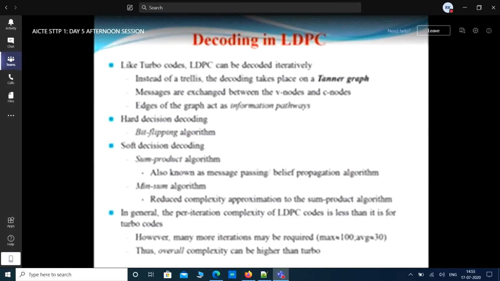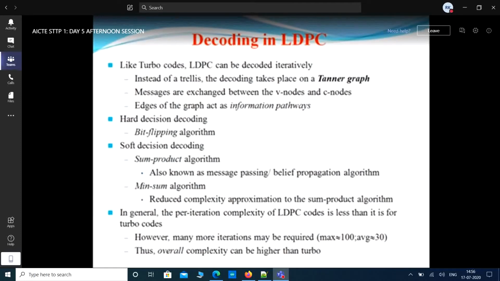So how to design this LDPC decoder? From the performance point of view, it performs like turbo codes. The LDPC decoder is an iterative decoding procedure.